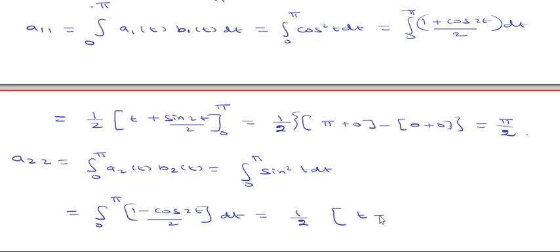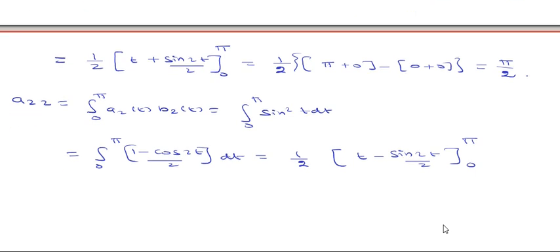There is no contribution from the sin 2t term, so we get 1/2 times pi, which is pi by 2. So this is a22.